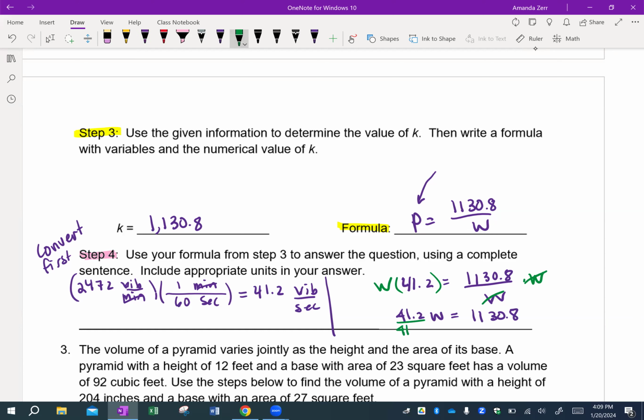And then that allows us to solve that. So we'll divide by 41.2. And that gives us our wavelength. I'm running out of room.